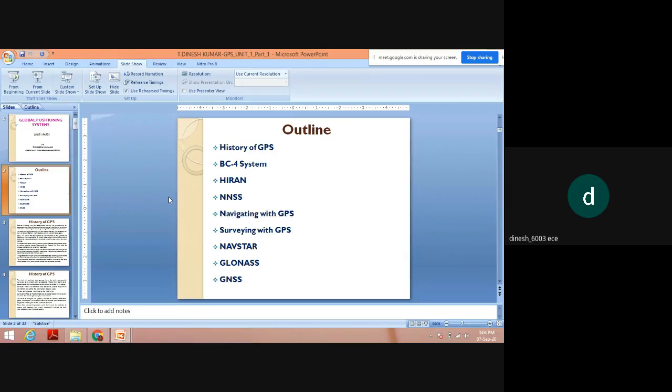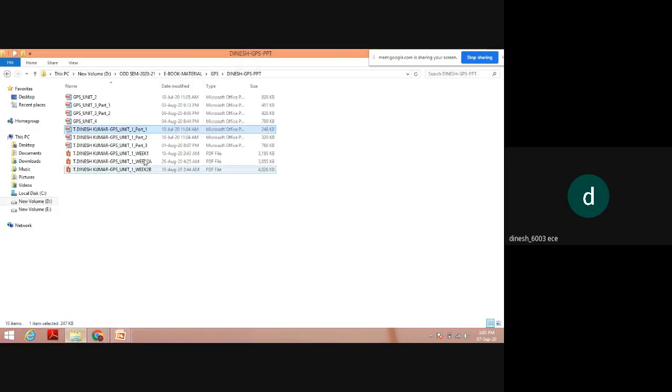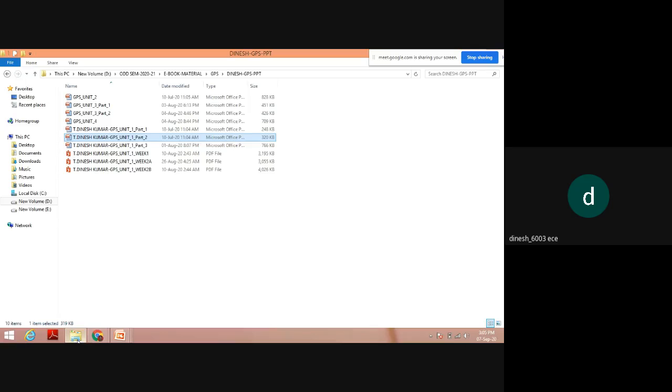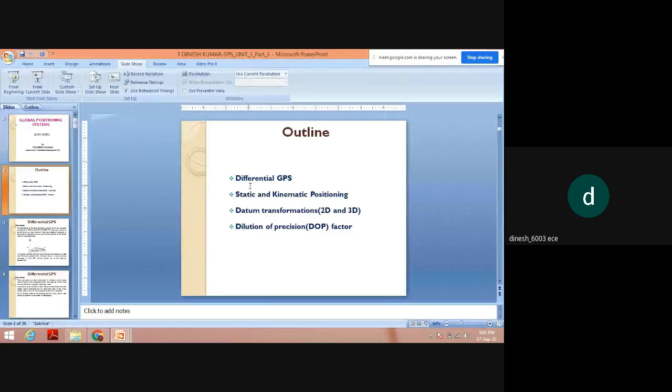These were the things that we had seen. Our unit 1 comprises history of GPS, BC4 system, Iran, NNSS, navigation with GPS, surveying with GPS, Navstar, GLONASS, GNSS, followed by GPS constellation, space segment, control segment, user segment, DGPS, WADGPS, static, kinematic, pseudo kinematic, 2D, 3D, and DOP.